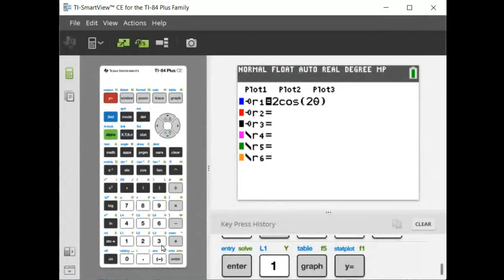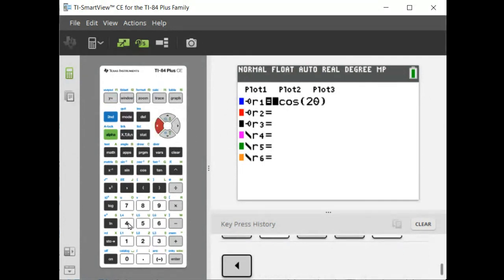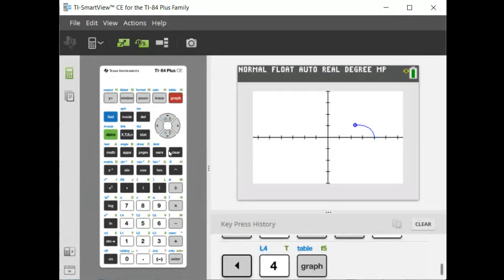Okay, so let's change this to a 4. Now 4 gives us the length of the petal, and you can still see there's 4.